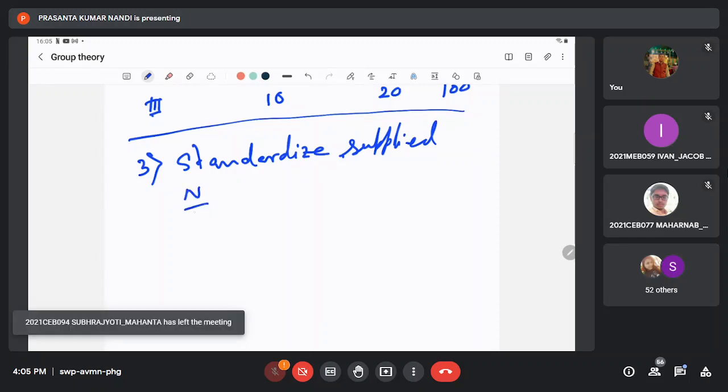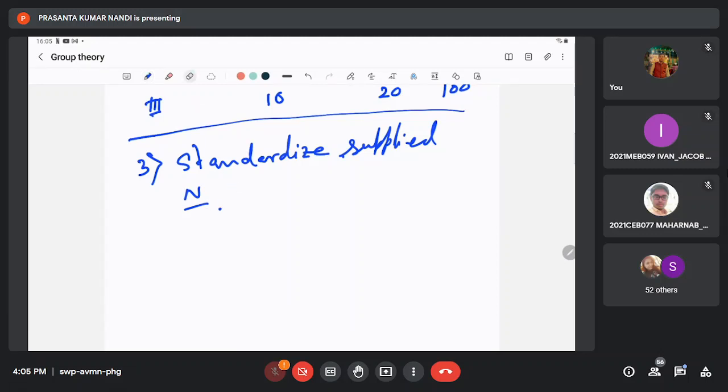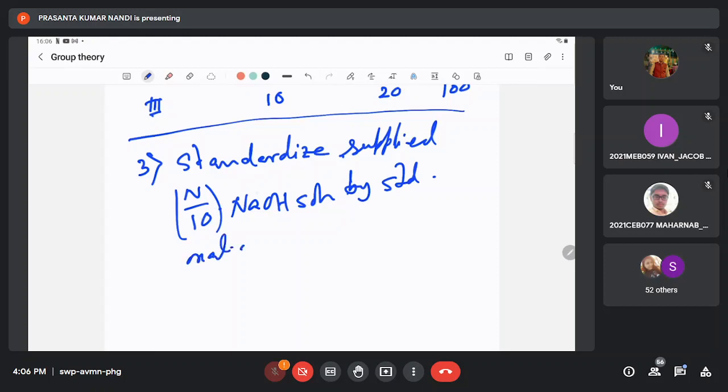NaOH is not a primary standard, so it would be N by 10, which is approximate. Standardize the N by 10 NaOH solution by the standard oxalic acid solution that you prepared.